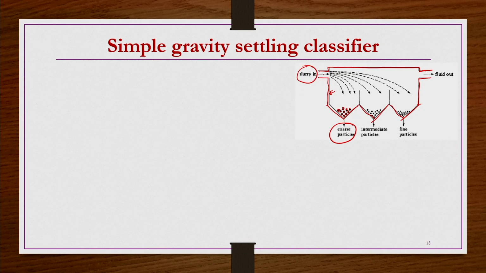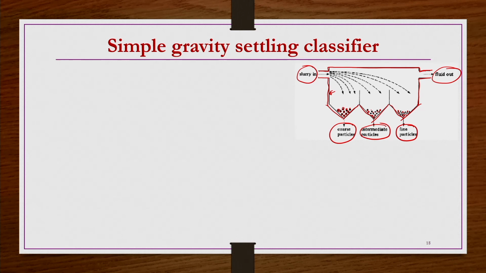The fine particles of the slurry will have the lowest settling velocity compared to all other particles, so they will take a long time to settle, and they will settle at the end of the container towards the exit wall of the tank. Here we get the fine particles, in between we may get intermediate size particles. Almost clear fluid can be taken out as an outlet from the top.